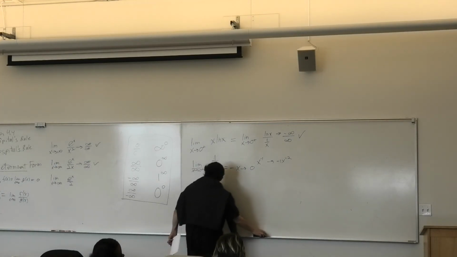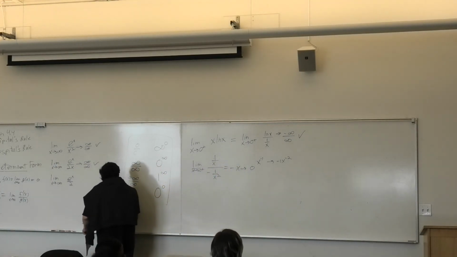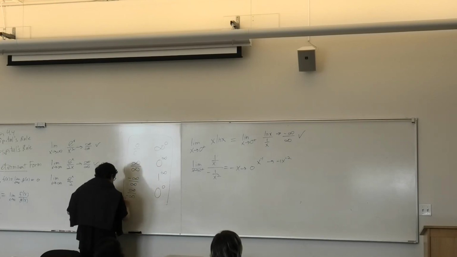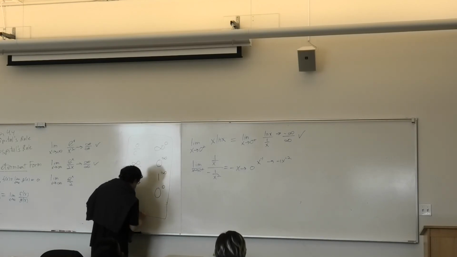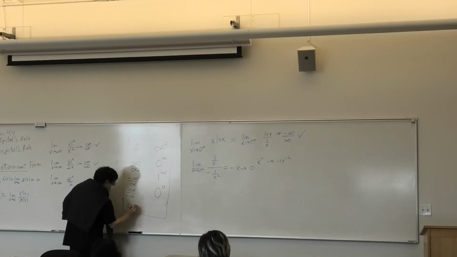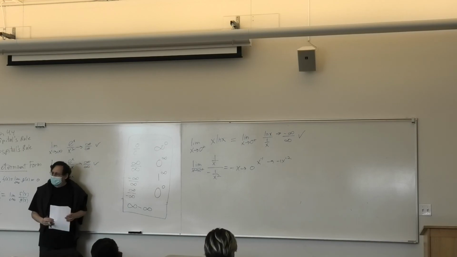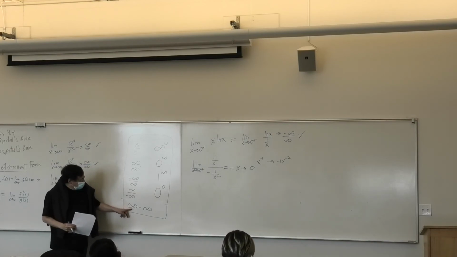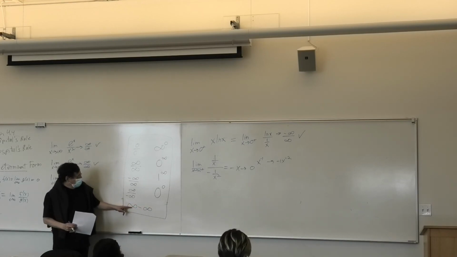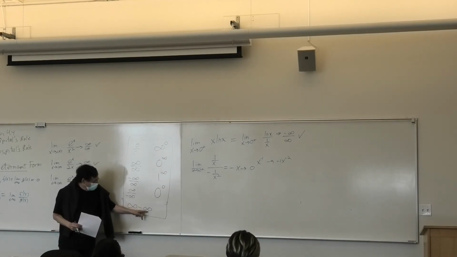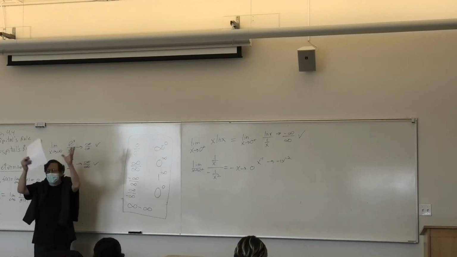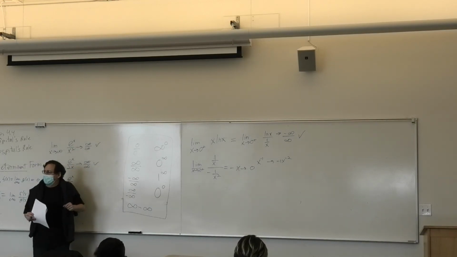Oh, darn. I forgot one. If I have a limit which is a difference, and each term goes to infinity, they're both getting larger and larger, we don't know what's going to happen.